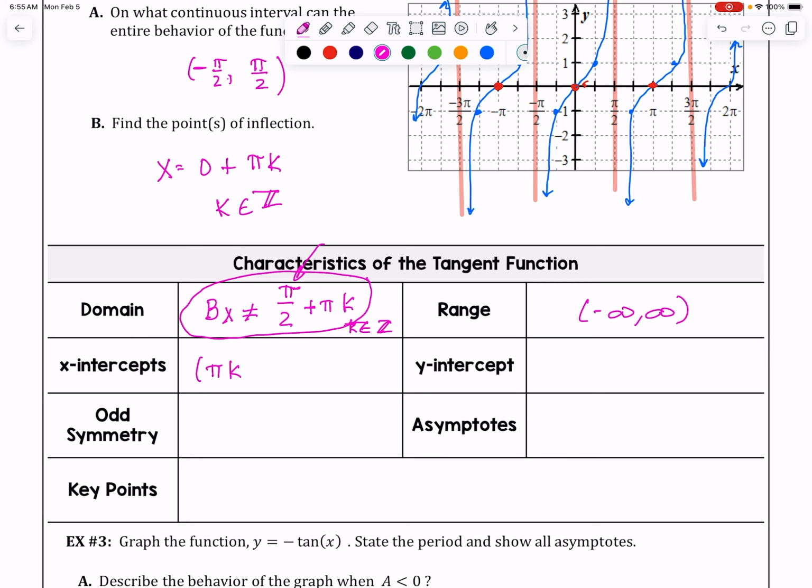Our x-intercepts are at pi k, okay? So 0, where k is an integer, and we can see that from our graph. Every pi, we have an x-intercept. Our y-intercept is 0, 0, okay? The symmetry: it is symmetric about the origin, so that makes it odd.